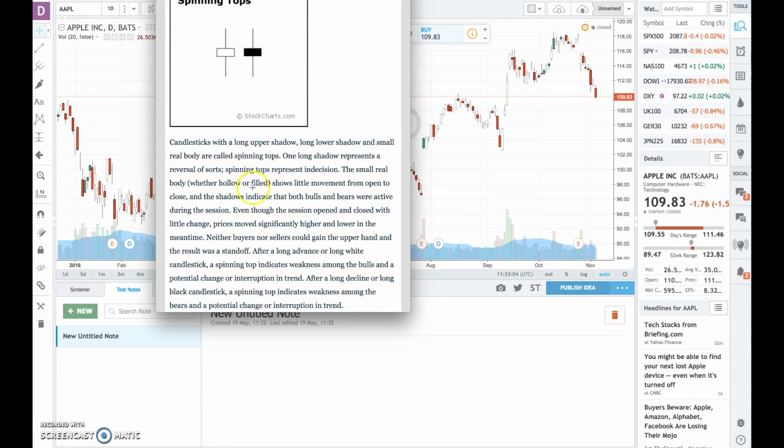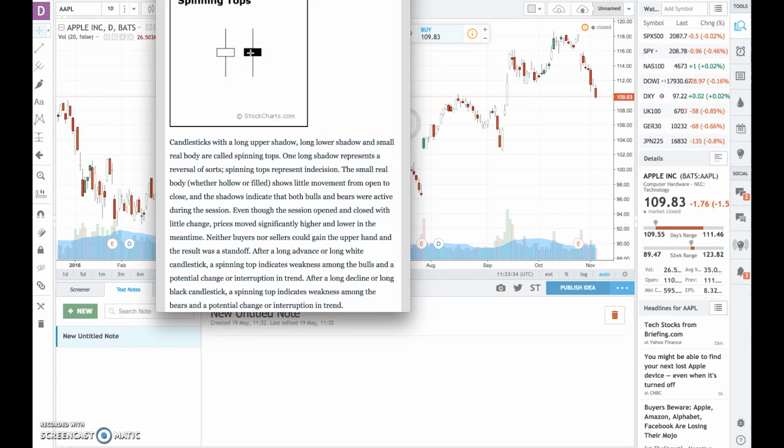Spinning tops represent indecision. The small body, whether it's hollow or filled, whether it traded higher or ended up closing lower, shows very little movement from open to close. And the shadows indicate that both bulls and bears were active during the session. You can see there's a lot more volatility than its open and close here. Neither buyers nor sellers could gain the upper hand in this day's trading.